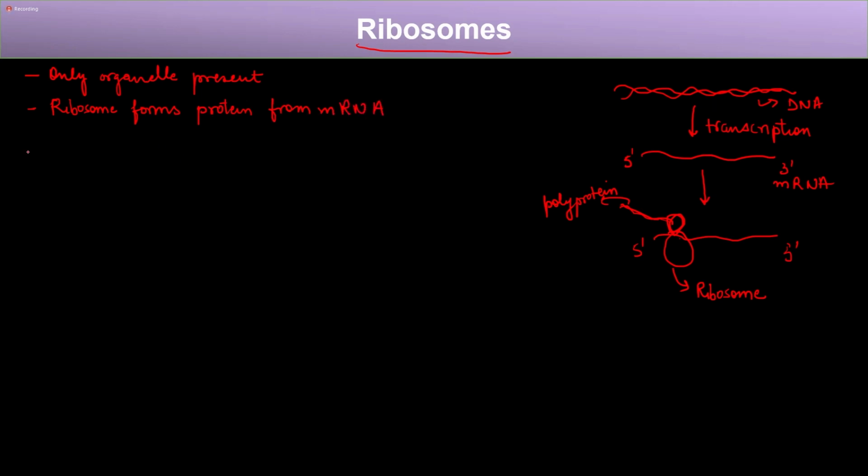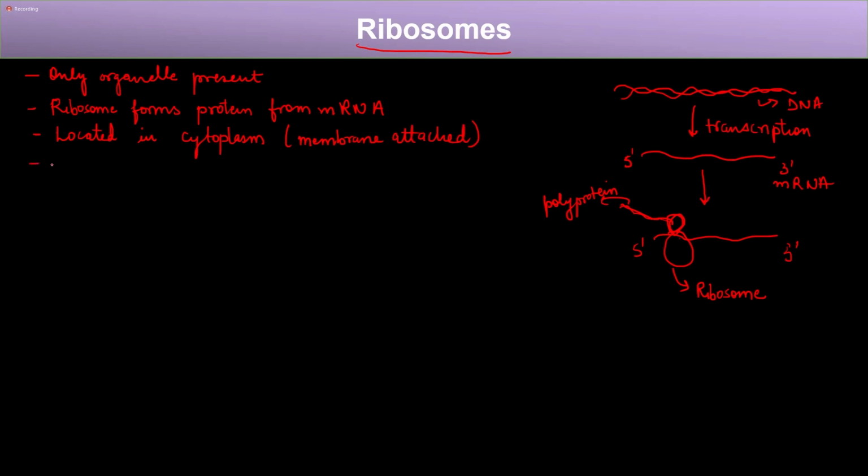Now, where is this ribosome located? Ribosome is located in the cytoplasm and it is membrane attached.